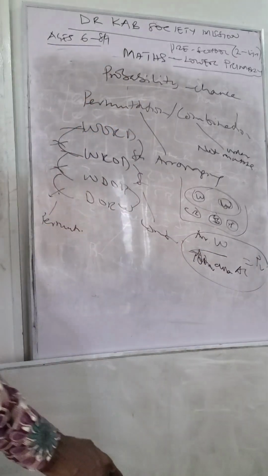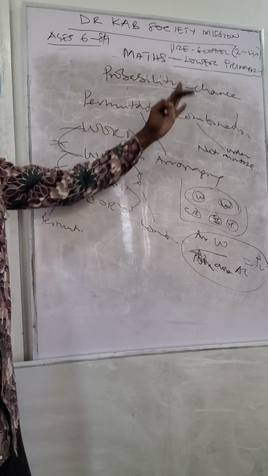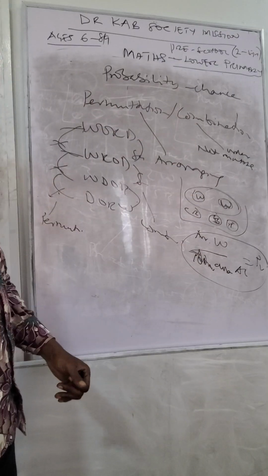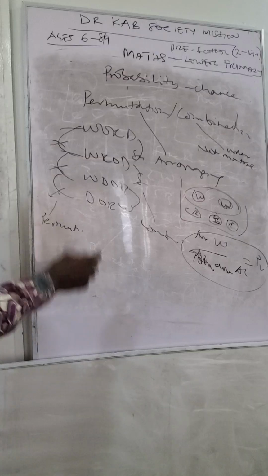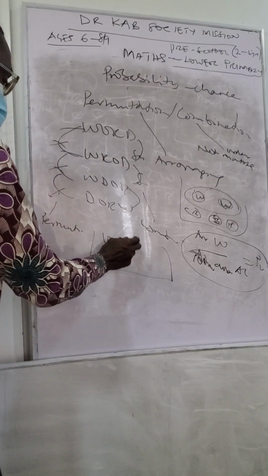You can look at it as probability. So we don't only use fractions, we can use permutations and combinations also to represent probability. So we can let them play around.